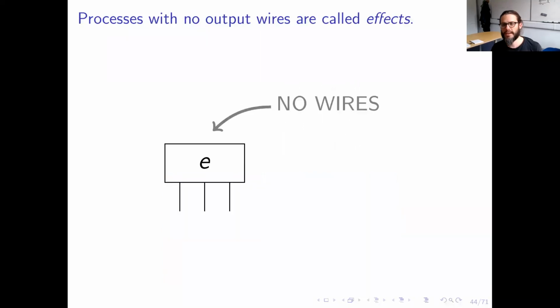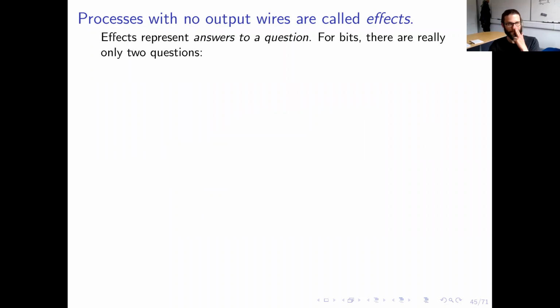I can turn this whole thing upside down, and I can also talk about these things called effects. A state seems at least somewhat familiar. An effect might seem like a strange concept, but really this is just a process which has some inputs and no outputs. Conceptually we think about these things as answers to a question.